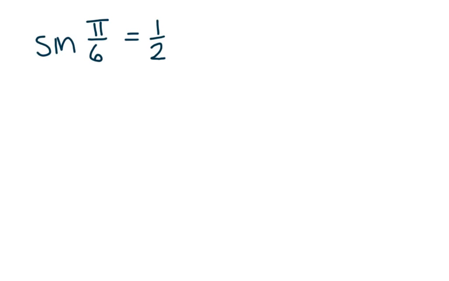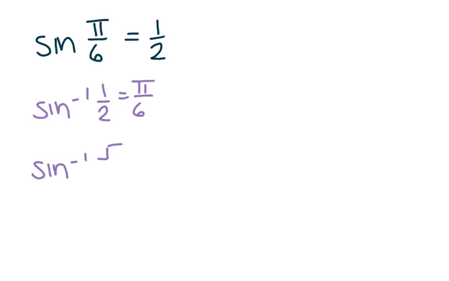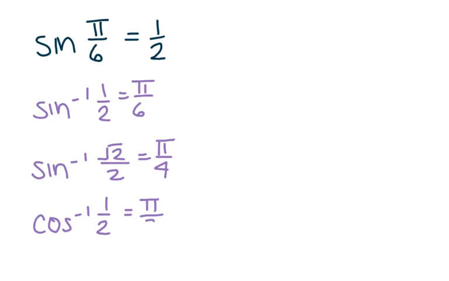So with inverse trig, you'd say inverse sine of 1/2 equals pi over 6. Inverse sine of root 2 over 2 is pi over 4. Inverse cos of 1/2 is pi over 3.